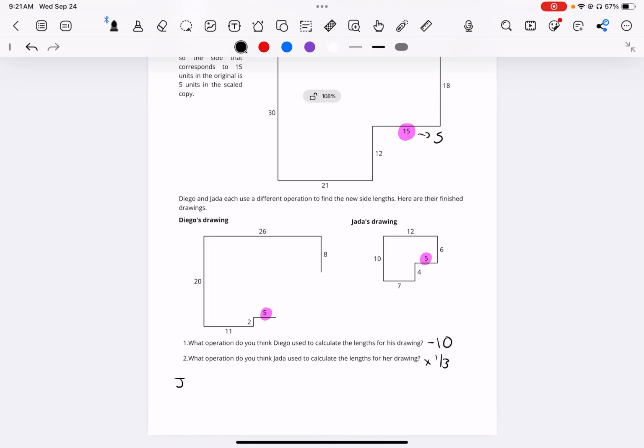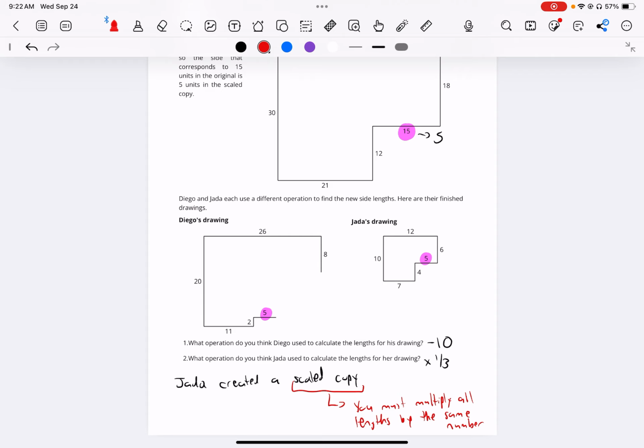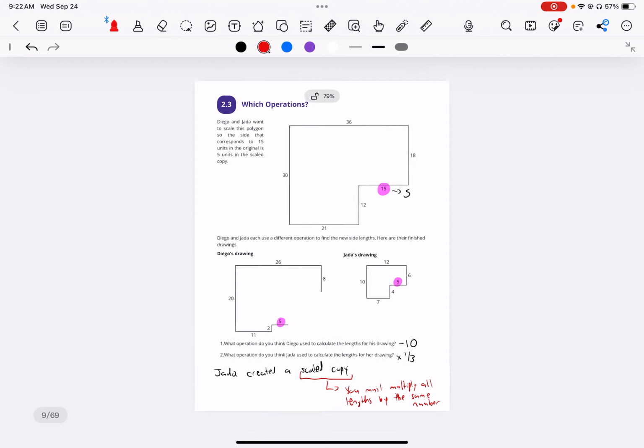And Jada's created a scaled copy, because in order to create a scaled copy, you must multiply all lengths by the same number. So a scaled copy only works when you multiply by the same number.